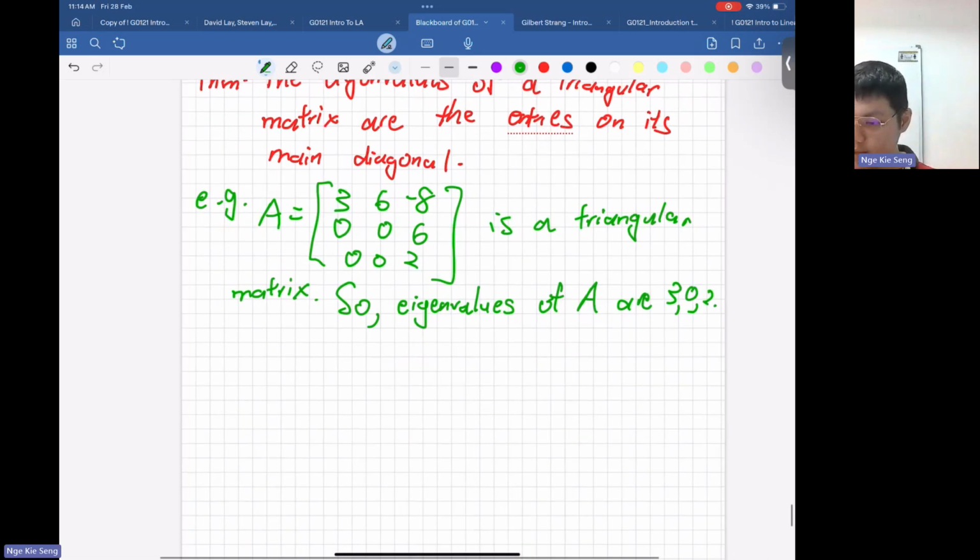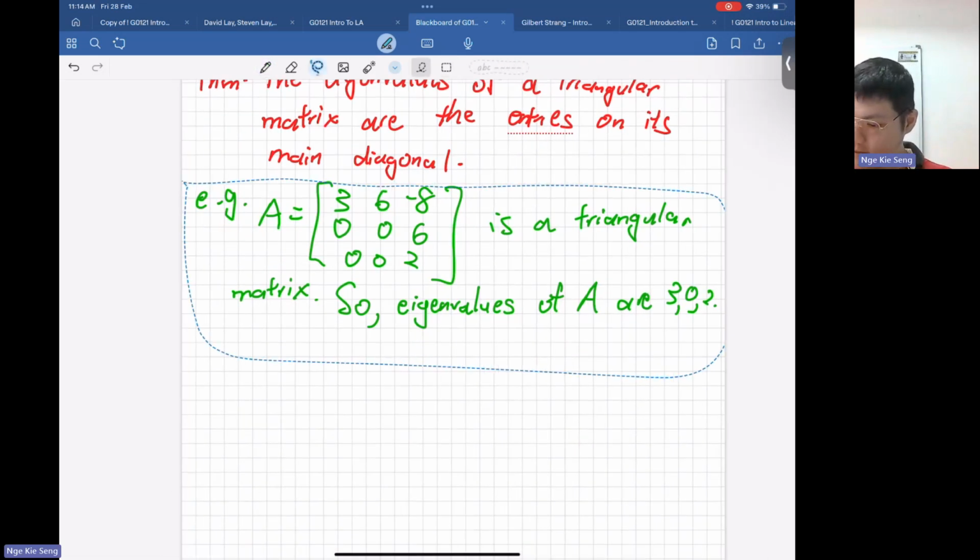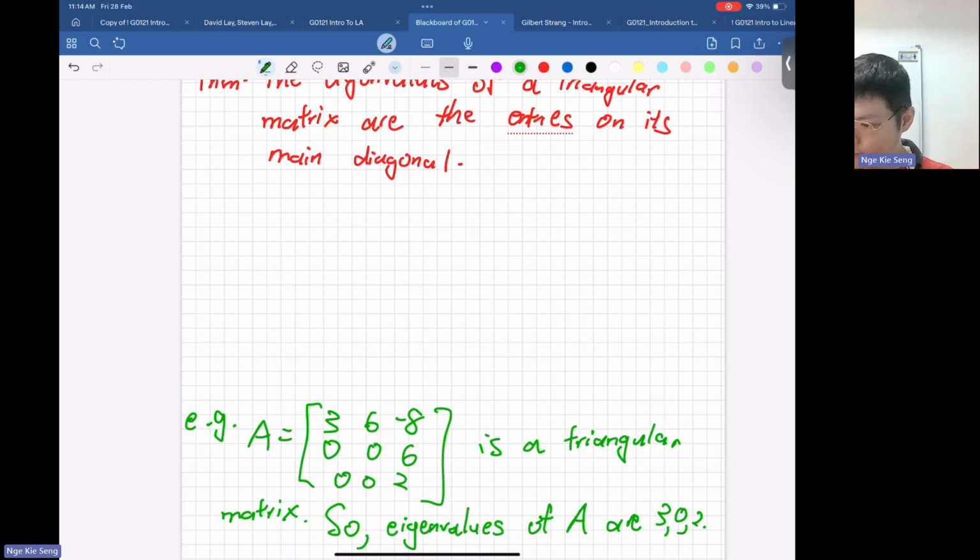Let's quickly do a proof sketch. Let's do it on a 3 by 3, so you can imagine it on an n by n matrix.